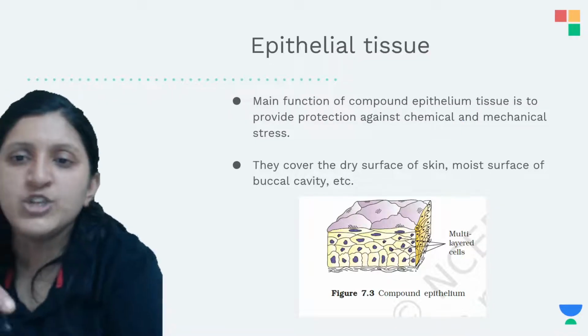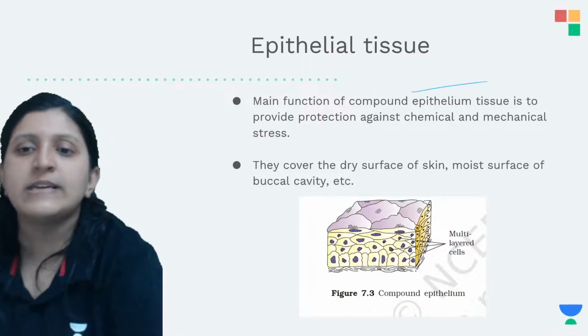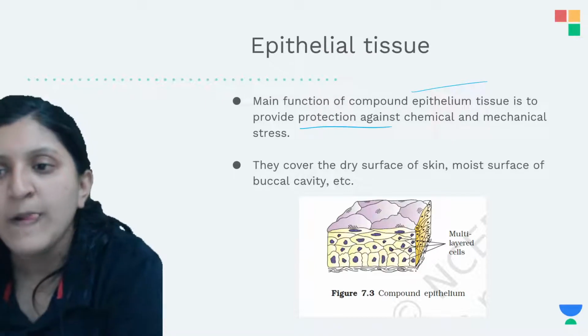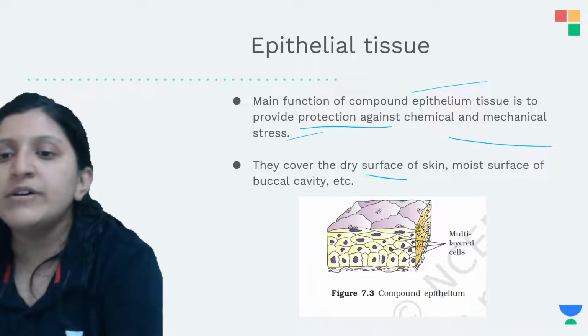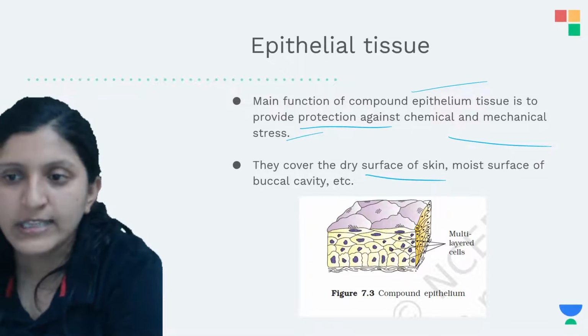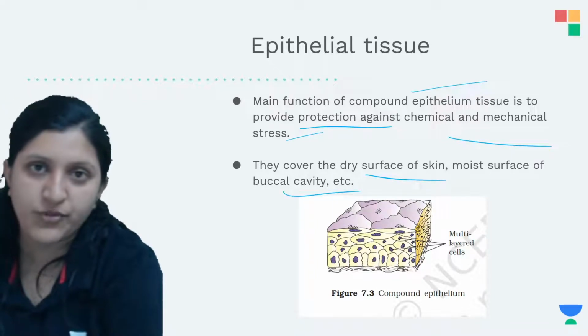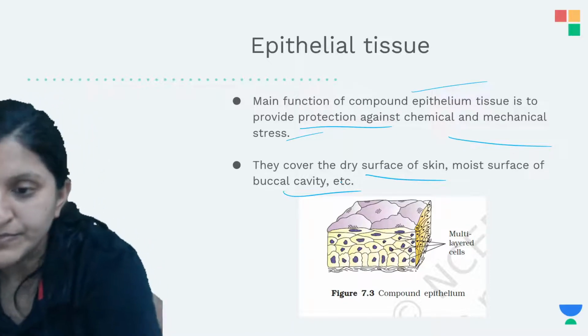The main function of epithelial tissue is to provide protection against chemical and mechanical stress. It covers the dry surface of the skin, and the moist surface of the buccal cavity as well.